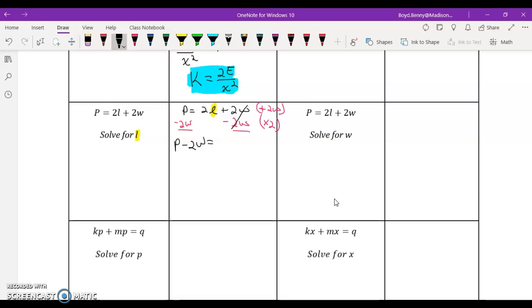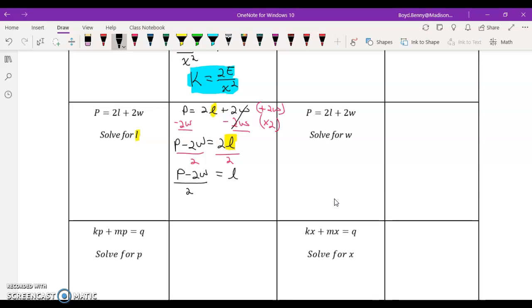On the right-hand side, I still have 2l. Let me highlight that L to remind myself that's what I'm solving for. And then the last step would be to divide by 2, just like we've done all the others. Okay, so that's going to give me L equals p minus 2w divided by 2.